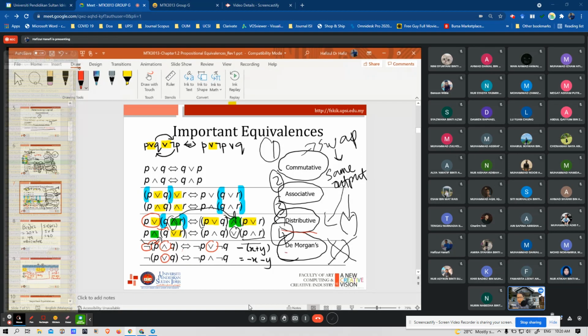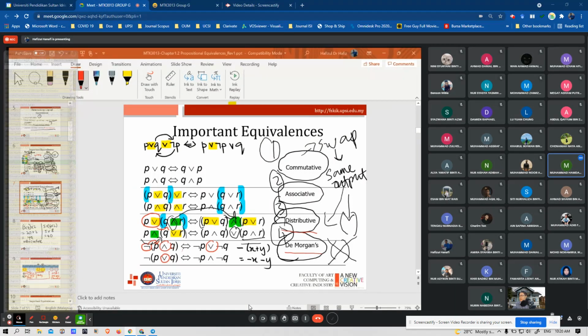This one is the distributive and De Morgan. Some of the students might be confused. Distributive, you put the values inside the bracket. Okay, and then for the De Morgan, you eliminate the bracket.